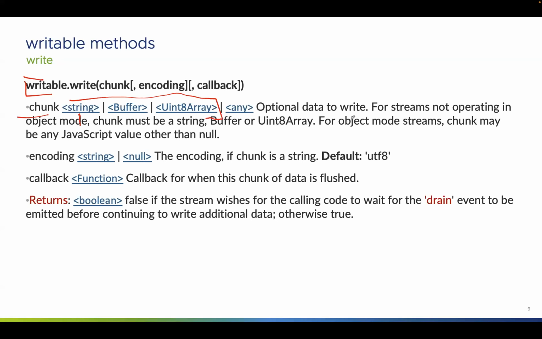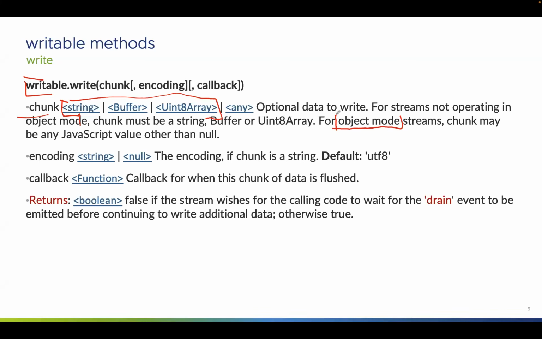So these three leads to a concept for us to understand. For stream operation, there are two modes. One is non-object mode. The other is object mode. For non-object mode, we just read or write string, buffer, or Uint8Array, kind of like a string flow or buffer flow.